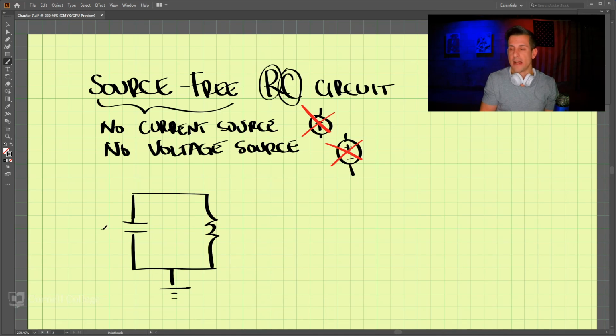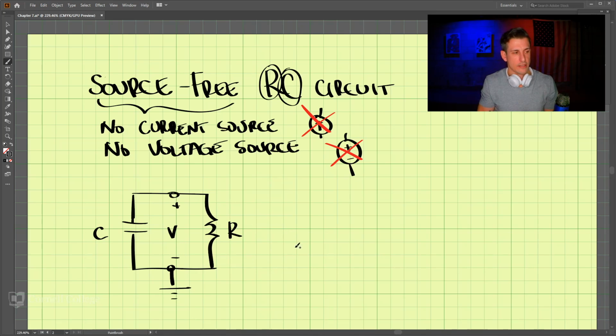So this is our capacitor, C, and this is our resistor, R. And the voltage across here we're going to call V. The voltage across the capacitor is the same as the voltage across the resistor. So this is our source-free RC circuit here.